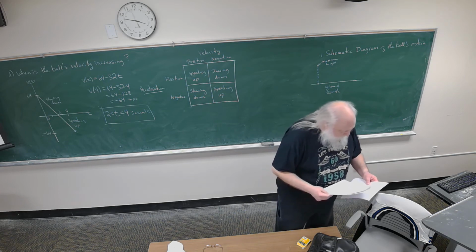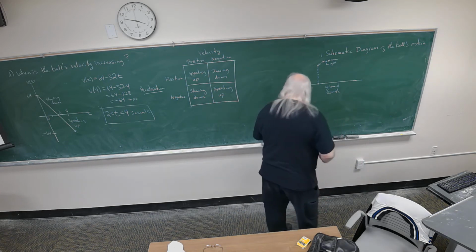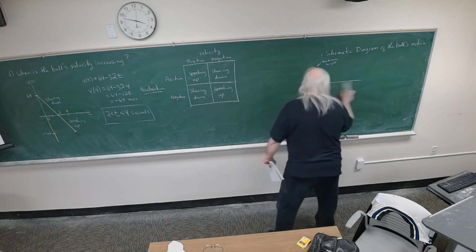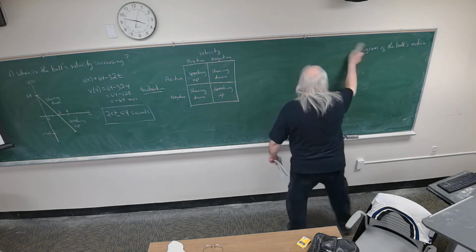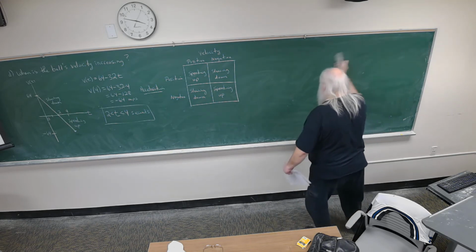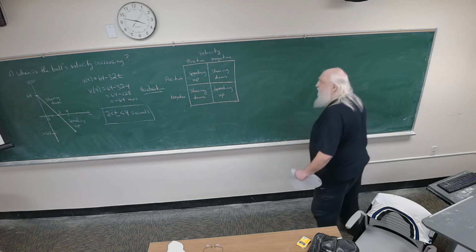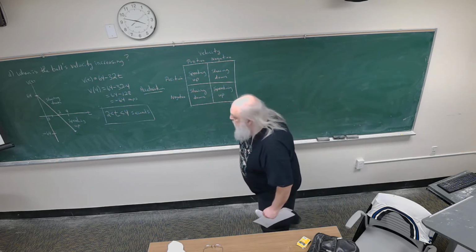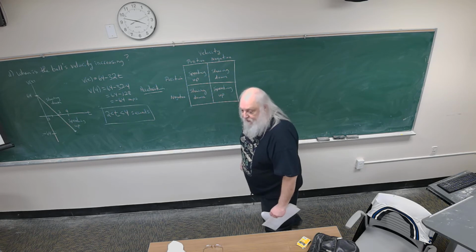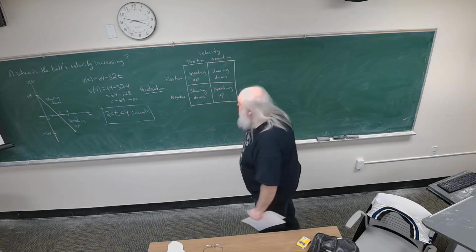The balls, so this defines speed versus velocity. So velocity can be positive or negative. Does anybody know what the definition of speed is? The absolute value of velocity? Yeah. We don't care about the sign, right?